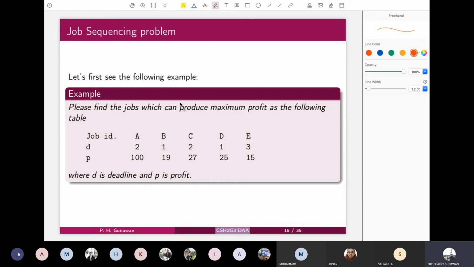Now let's see the example. You have jobs A, B, C, D, E, and each job has a deadline.